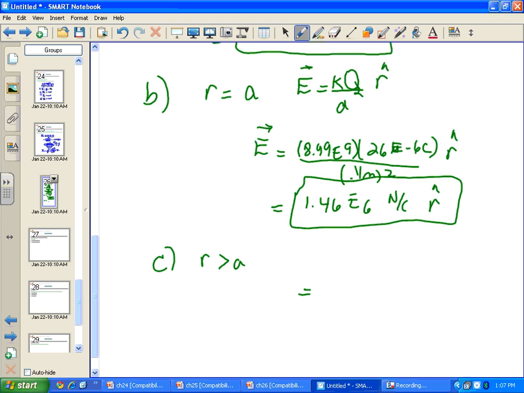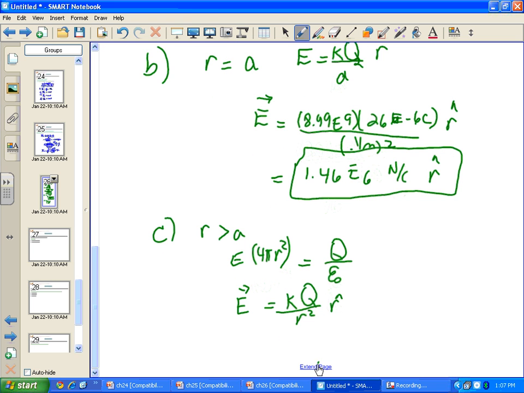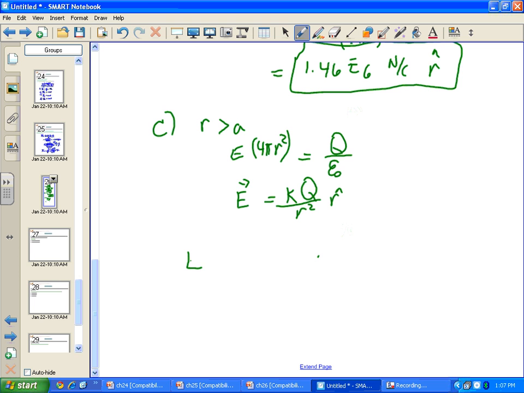the Q in, if we start with the right side, will be total Q over epsilon naught, E times the surface area of our Gaussian sphere, and this gives us an expression that E equals 1 over 4 pi epsilon naught, which is K, Q over R squared in the R hat direction. So now we just need to substitute our numbers.